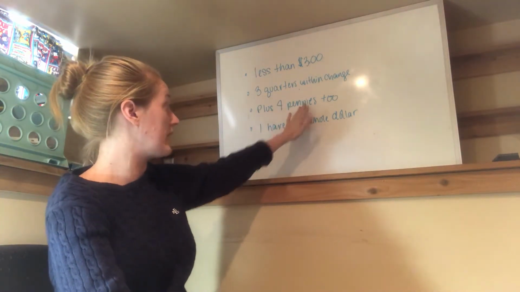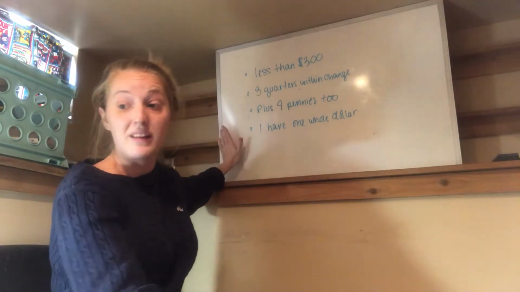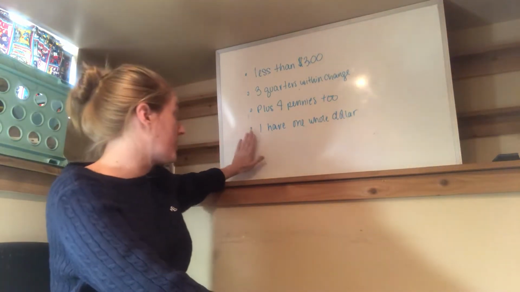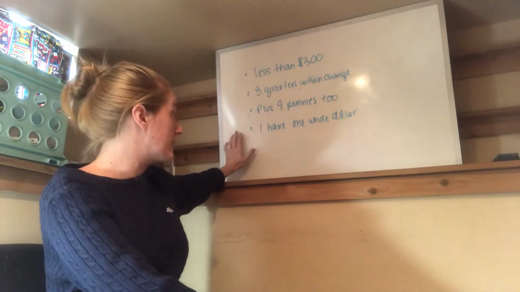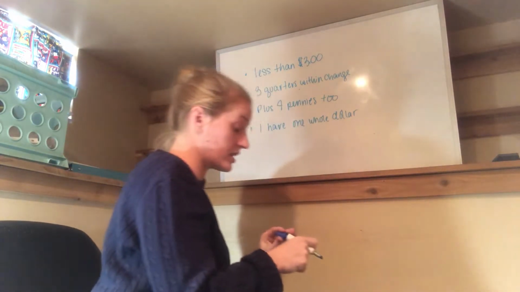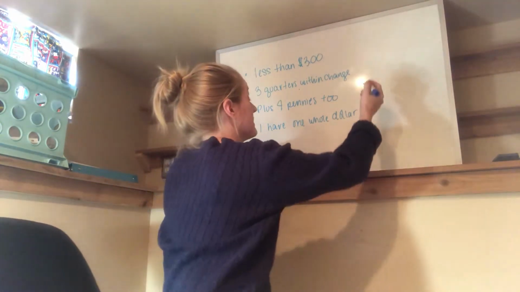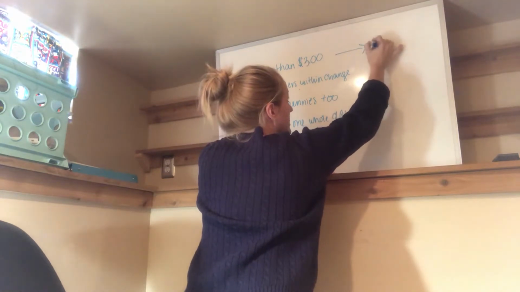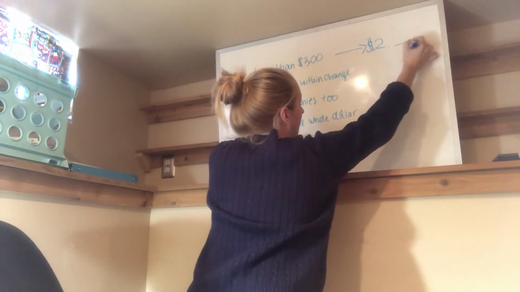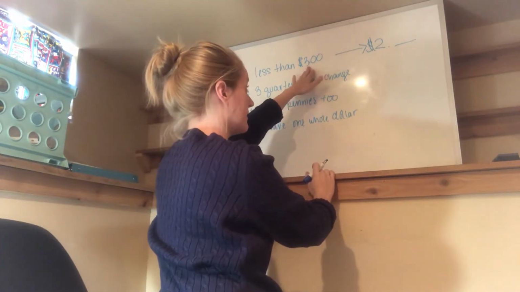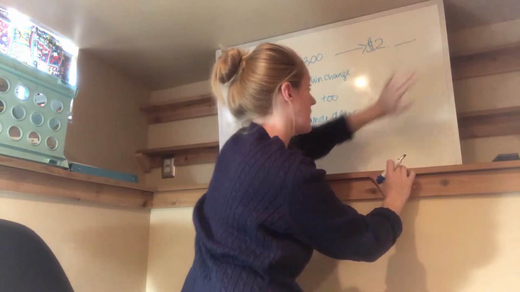And my largest amount is a whole dollar bill. So we know that the biggest dollar bill they have is 1. With this information, it's going to be less than $3. So that means it could be $2 and anything else, because anything less than 3. So $2 and some change.